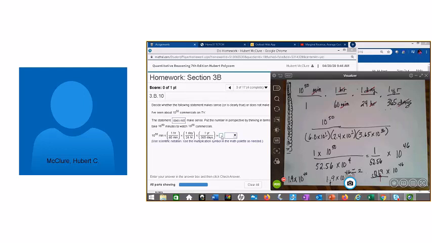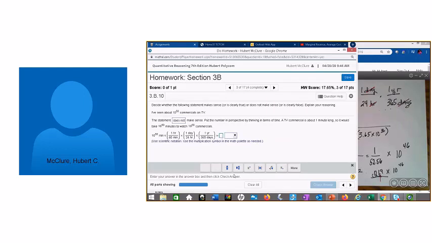So let's put it in our handy dandy calculator. I get 1.9. Okay, write this down. In your homework, do not hit X. You hit Shift 8, the asterisk, 10, Shift up arrow, and 44.